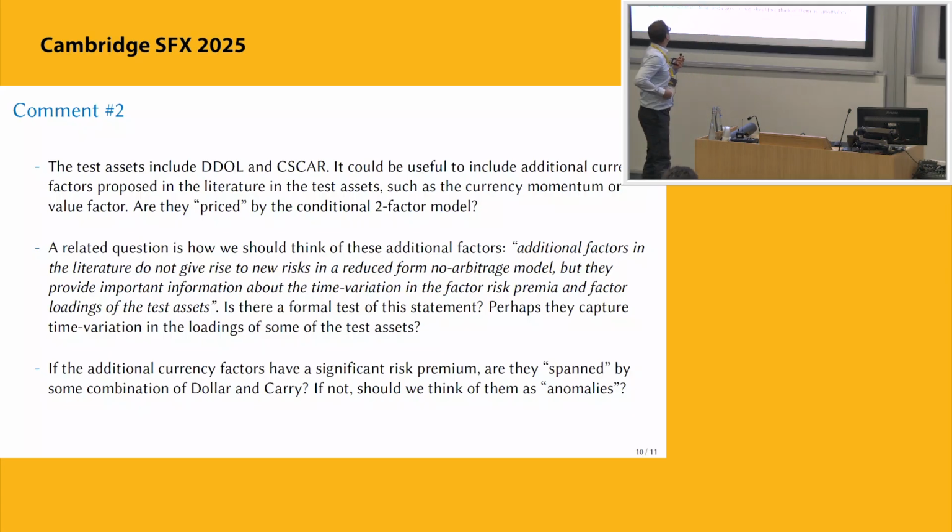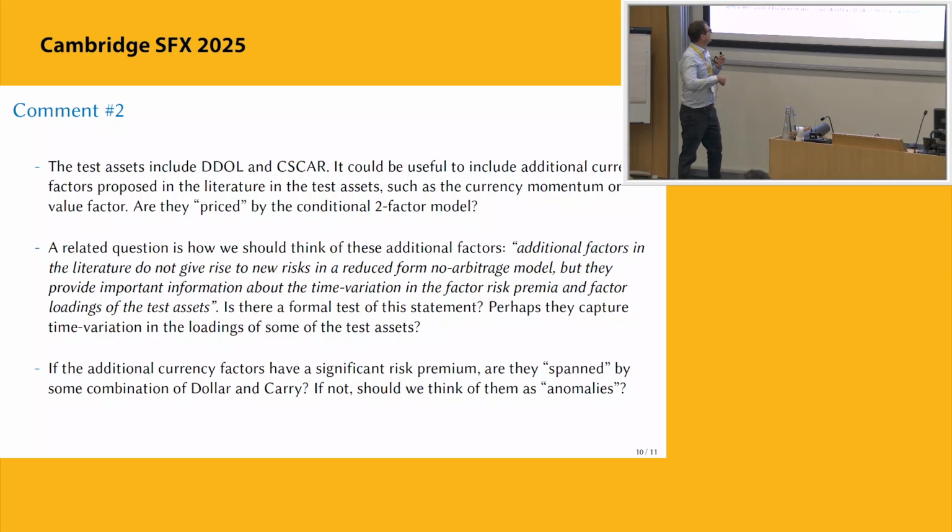About the other comments, I think it's kind of implied by what we do. If you think about it, you have the dollar carry model and you do this unconditional estimation and you see that some other characteristics lead to alpha. But then once you use that covariance term, that covariance basically explains the alpha, then I think that means that these characteristics capture this time series variation of the factor loadings and premia, and especially how they covary together.